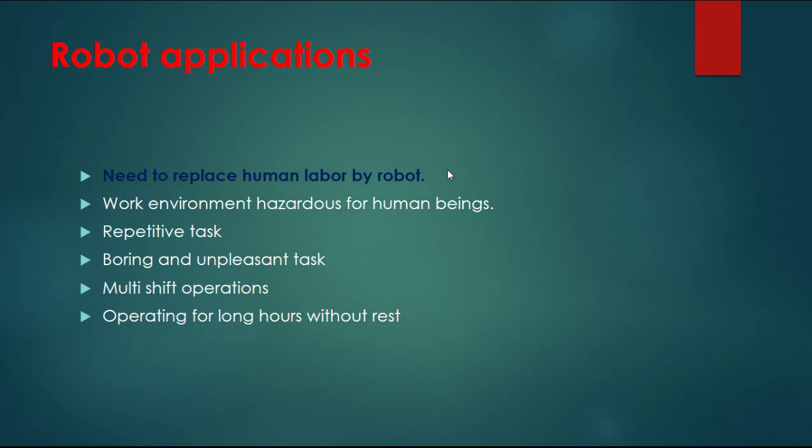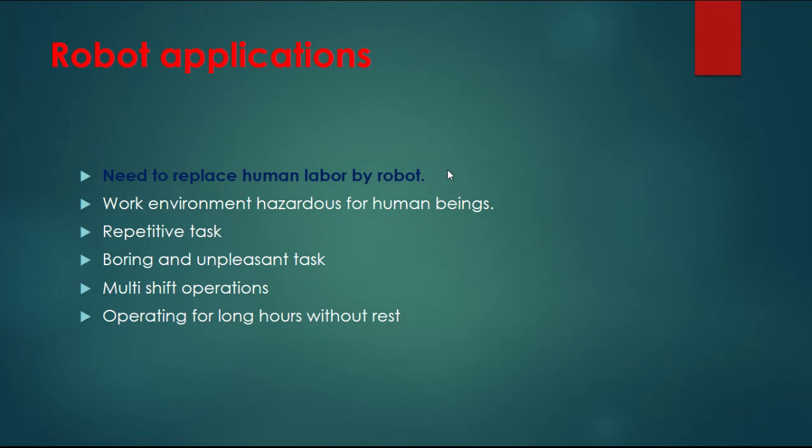Now what areas does a robot actually deal with? So we need to replace human labor by the robot, where we can replace the human in such a hazardous environment, then repetitive tasks where the boring and unpleasant task is there, robots are always present there to replace the humans.